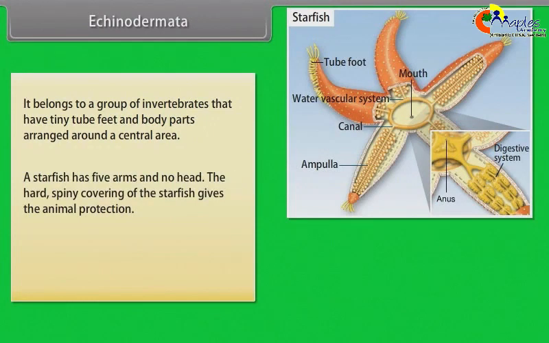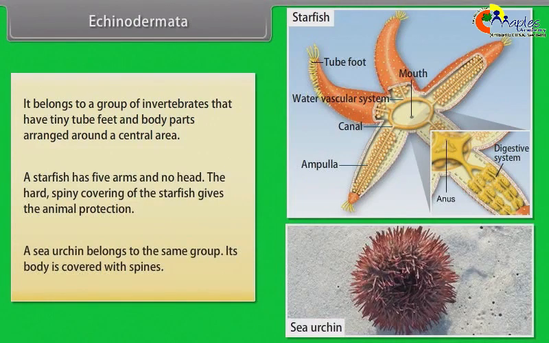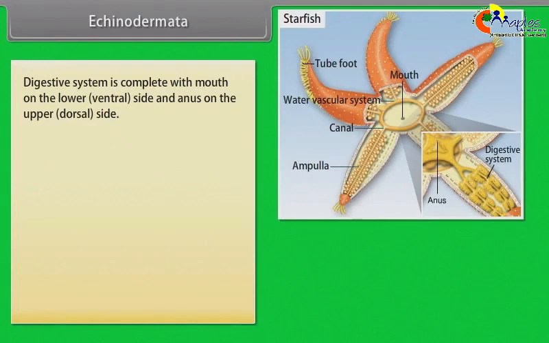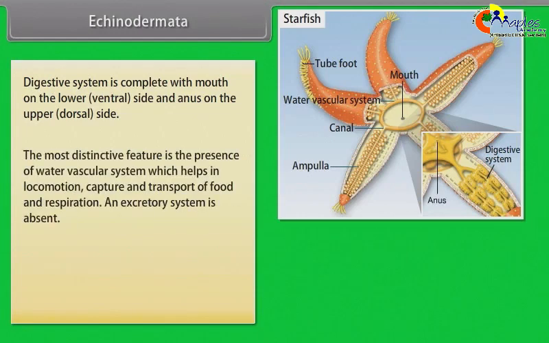The hard spiny covering of the starfish gives the animal protection. A sea urchin belongs to the same group. Its body is covered with spines. Digestive system is complete with mouth on the lower ventral side and anus on the upper dorsal side. The most distinctive feature is the presence of water vascular system, which helps in locomotion, capture and transport of food, and respiration.